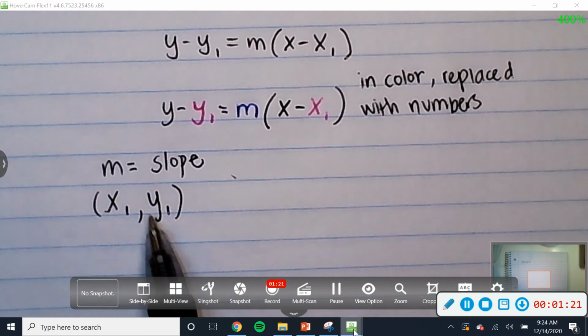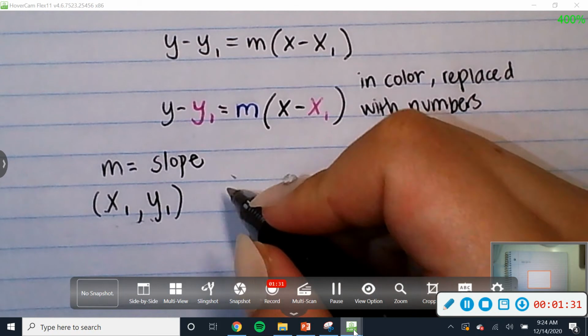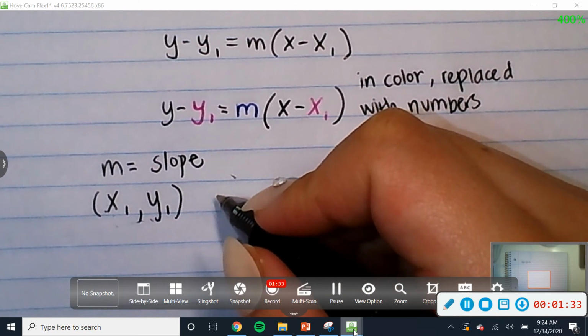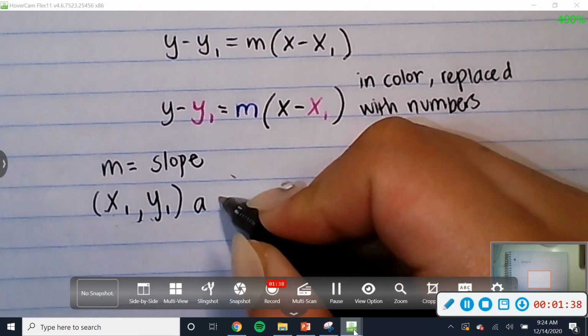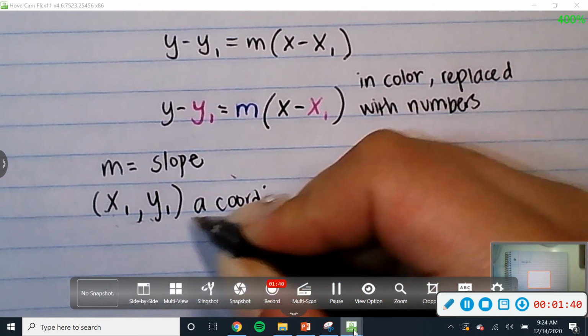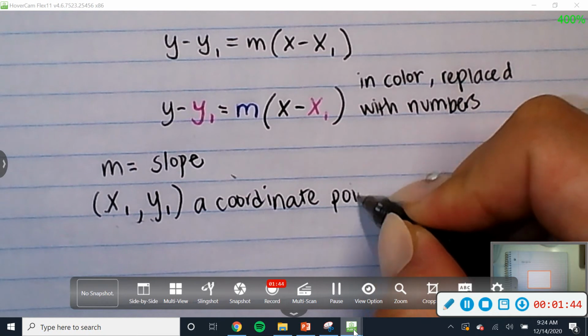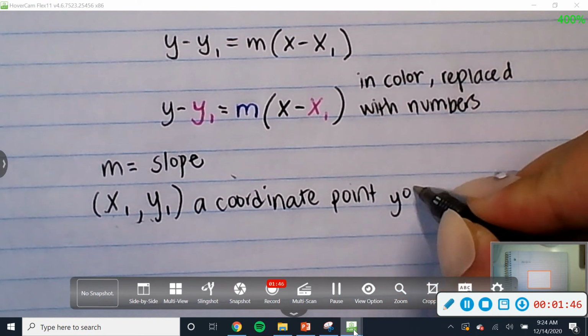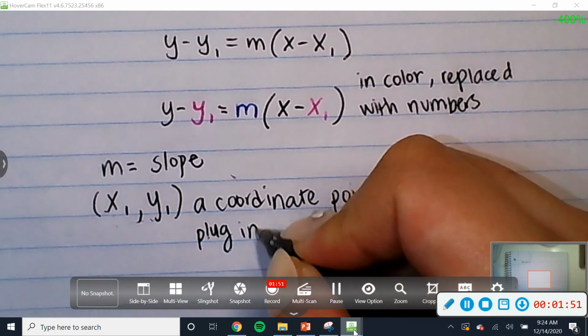So x1, y1, this is going to be a set of coordinate points that are going to be given to you somewhere in the problem. So you'll be given the points, and these are going to be the coordinates that you plug in. x1, y1 is a coordinate point that you plug in to the equation.